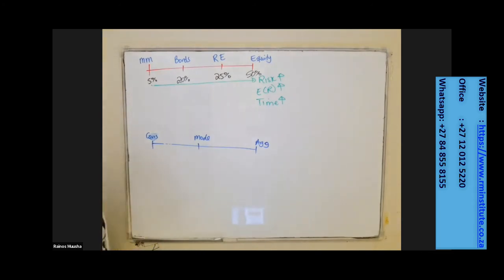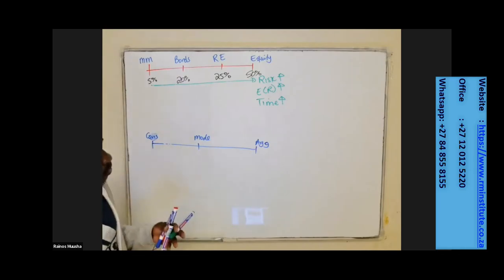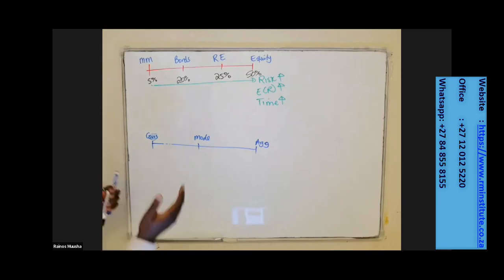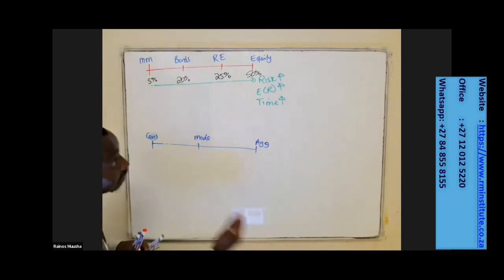Because usually what happens is that most of these investment houses ask the client about 10 questions or so, and from those 10 questions, they're able to ascertain in which risk category the client falls, and depending on the risk category, they can now have portfolios which meet that risk category as well.